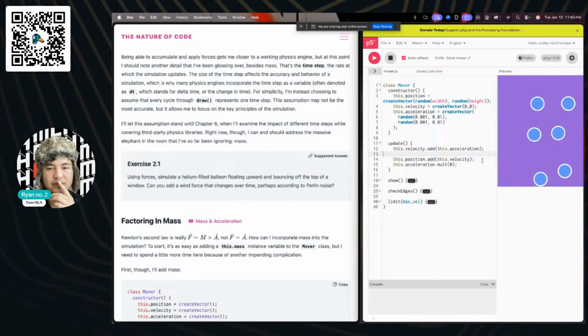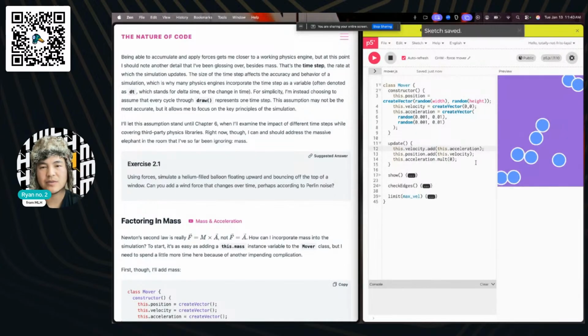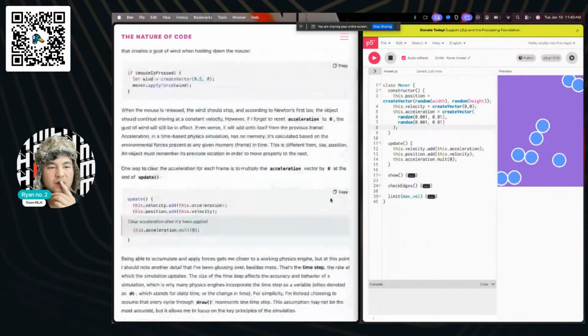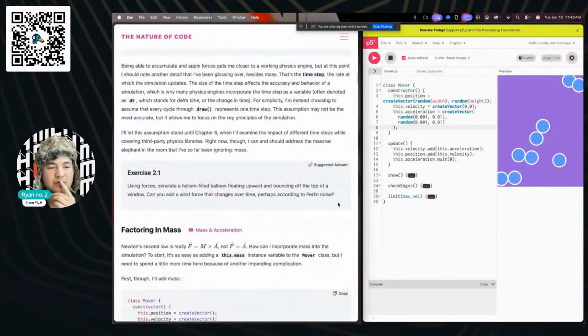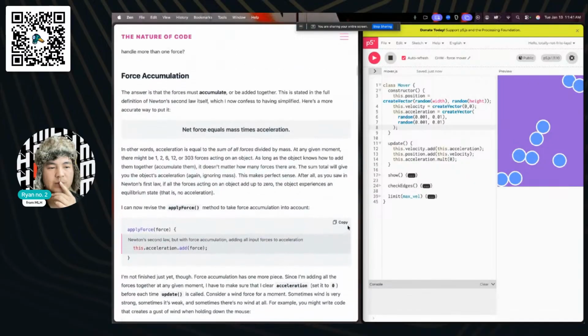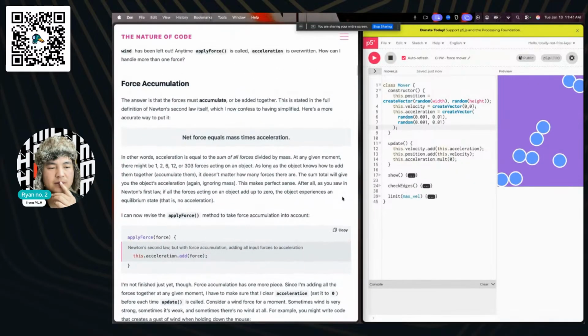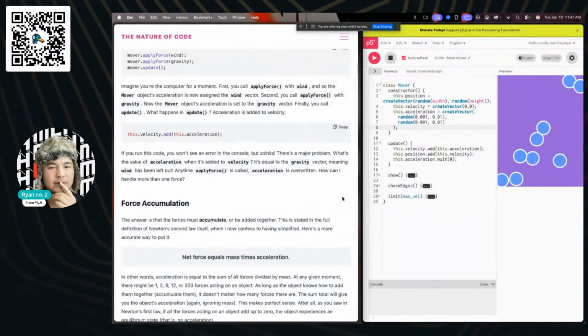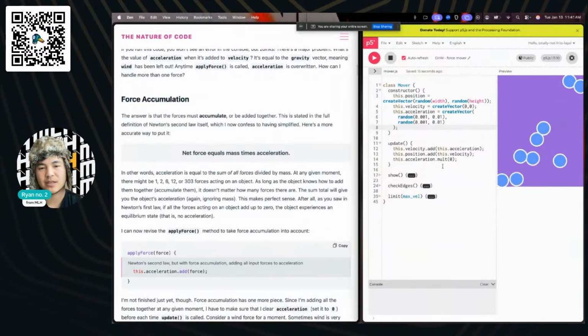Okay, and so the reason why we are doing that is because, well, I guess we were getting to the exercise anyway. Apply force, this.acceleration.add(force). I just want to see if I missed anything. Oh, I did miss something. I missed that function, applyForce.